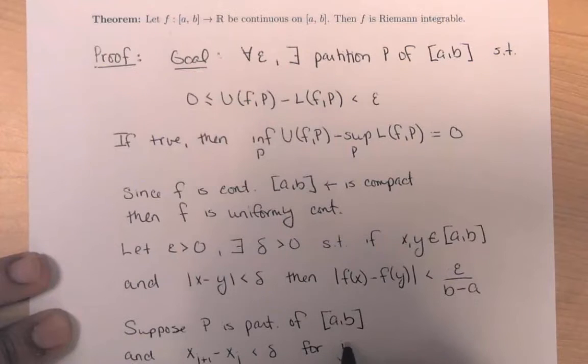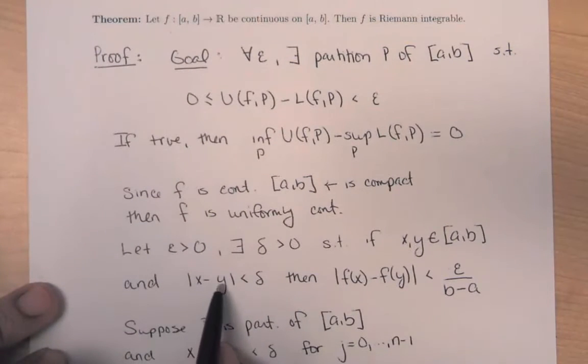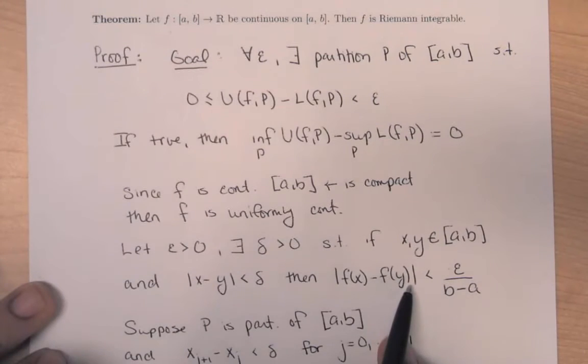Right, so every single one for j equals 0 through n minus 1. So on every subinterval, for any two values in the subinterval, this is true, meaning this is true.